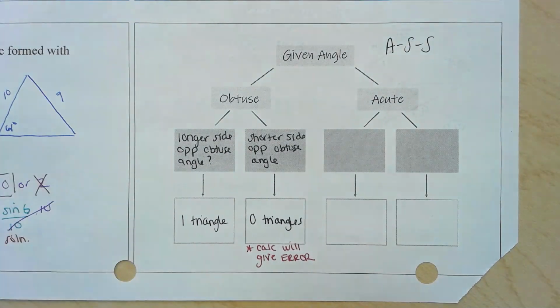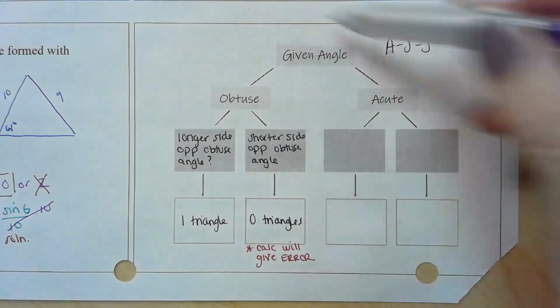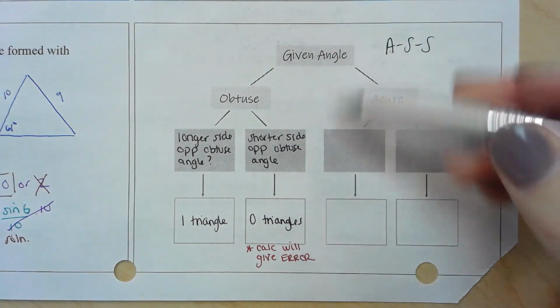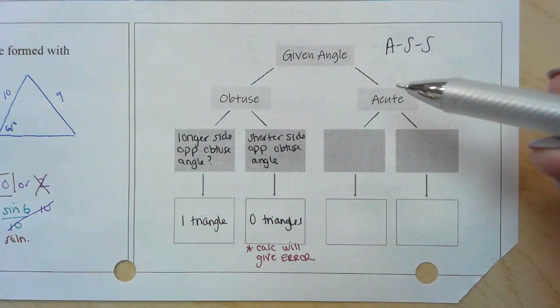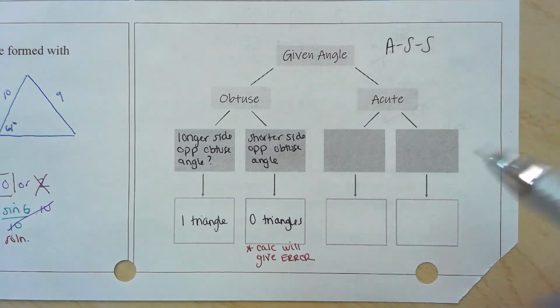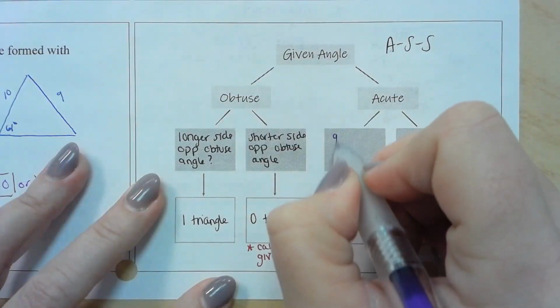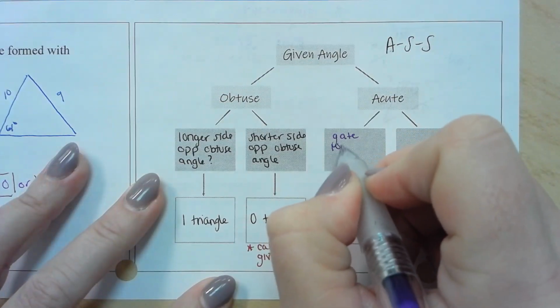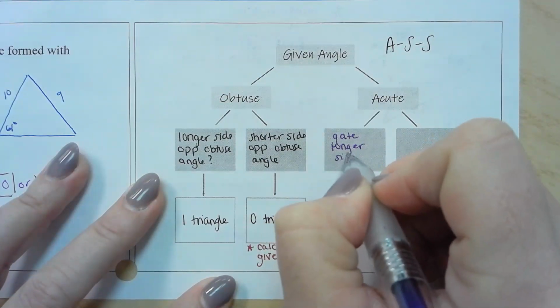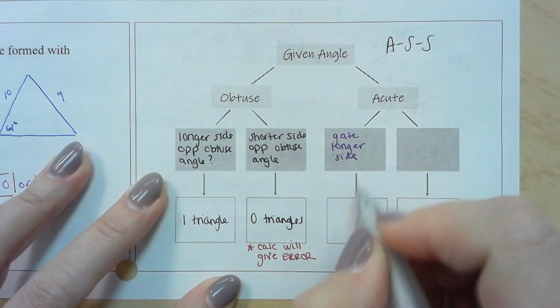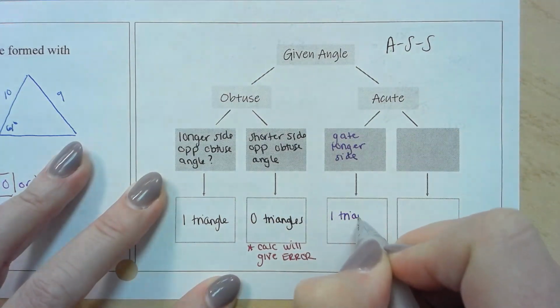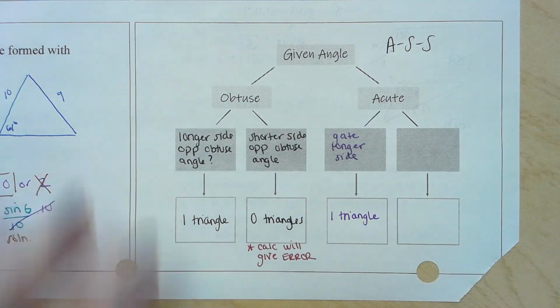Okay. All right. Let's talk about this situation over here. This is where we spent most of our time today. So when you're talking about an acute angle that's given, I'm going to start talking about the gate. I'm going to say, is the gate the longer side? And if it is, you have exactly 1 triangle.